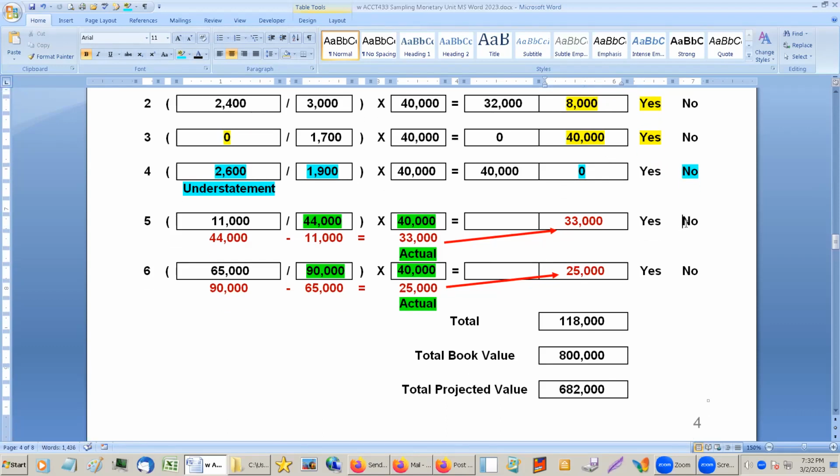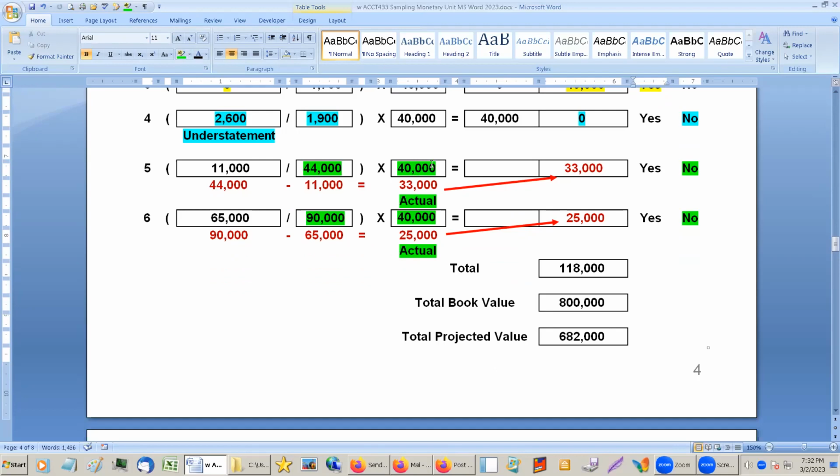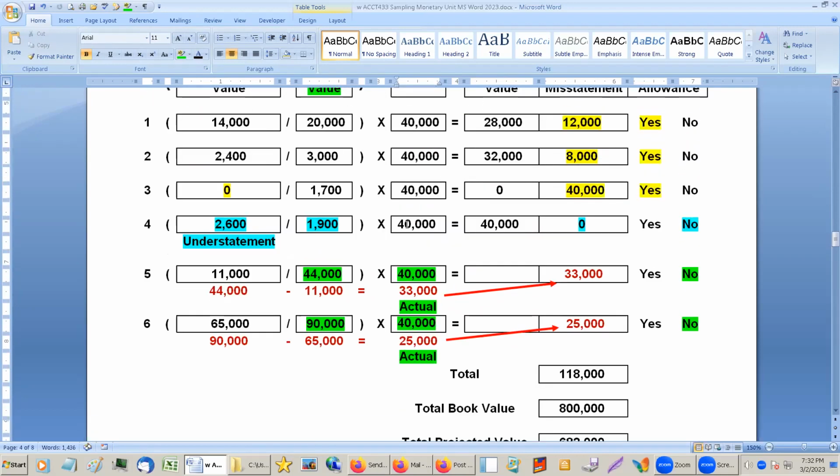Now down here, though, these are going to be no's, and I'll tell you why. There's nothing left in the interval. These items cover the entire interval. There could not be anything more wrong with that interval than there already is found, because this is higher than the interval.